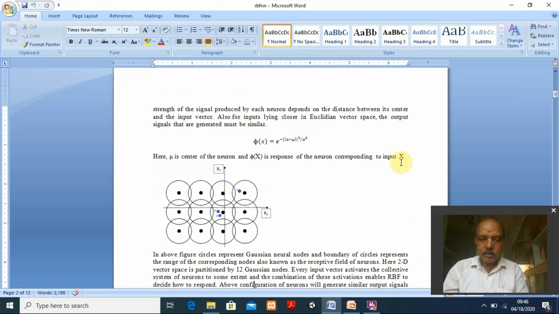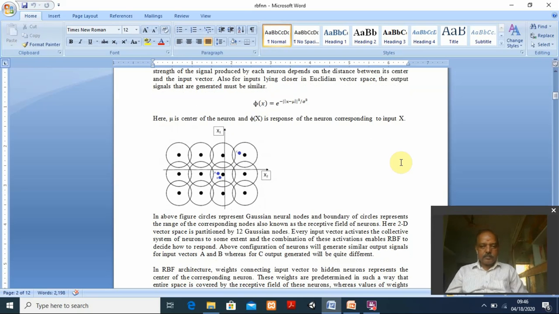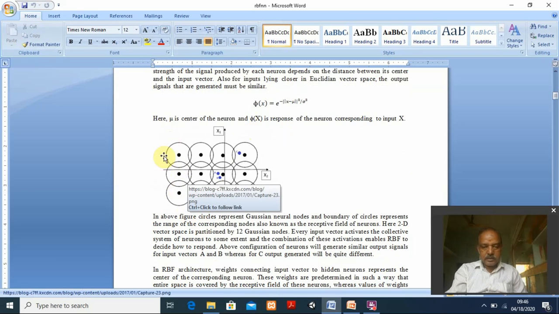Now look at this diagram again. Here mu is the center of the neurons and phi x is the activation function, or the response to the input vector x. In this figure you see these circles. There are 12 circles.